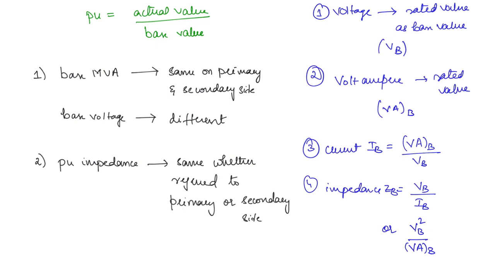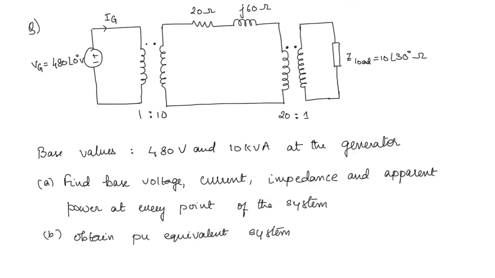So here we will try to do a problem on per unit system so that you will become more accustomed to this. Here we have a circuit, we have a voltage source here, and here you have a transformer. It is a step up transformer, 1:10.